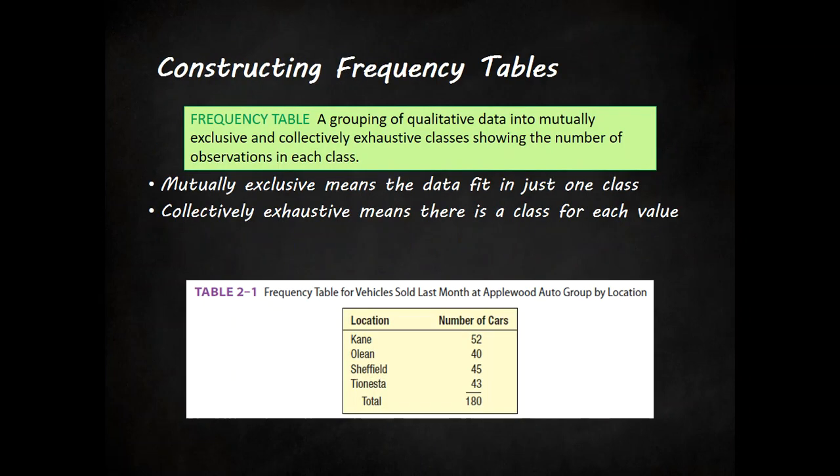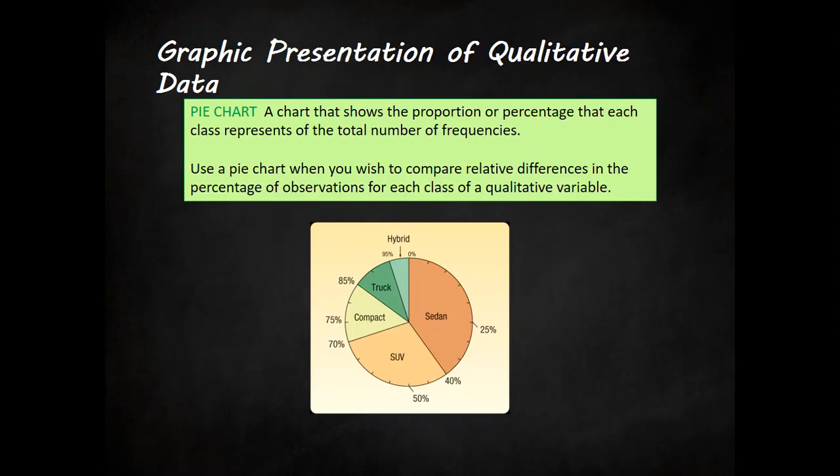If it wasn't collectively exhaustive, then it would not add up to 100%. If it was not mutually exclusive, then it would add up to more than 100% in this pie chart. But because it's collectively exhaustive and mutually exclusive, the pie chart represents 100%.